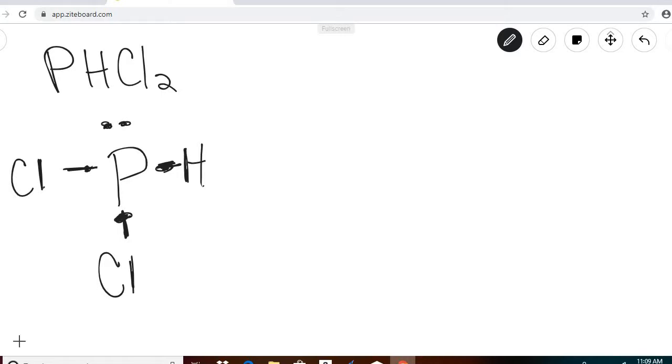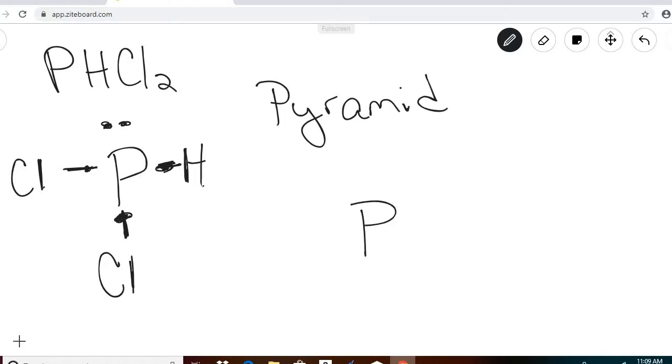That means that our shape would be a pyramid. We'd have the P in the middle. There's no bond on the top, but we would have a chlorine here, chlorine here, and then to indicate the one that's going back, we would put the hydrogen there. So that's the stick figure for a pyramid shape.